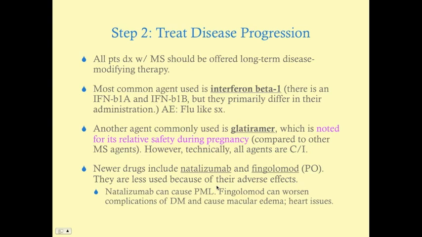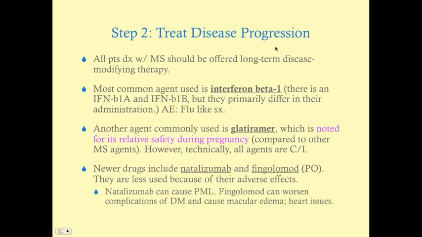And fingolimod can worsen complications of diabetes mellitus, such as macular edema, and can cause some cardiomyopathic issues as well. So interferon beta 1 or glatiramer for treating the disease progression. Steroids for treating the acute exacerbations. And then the drugs that are used to treat some of the various symptoms.